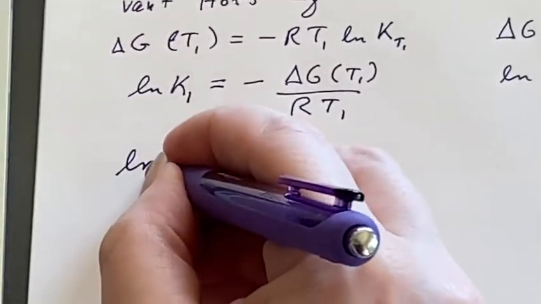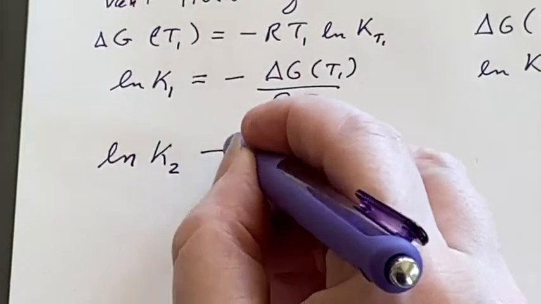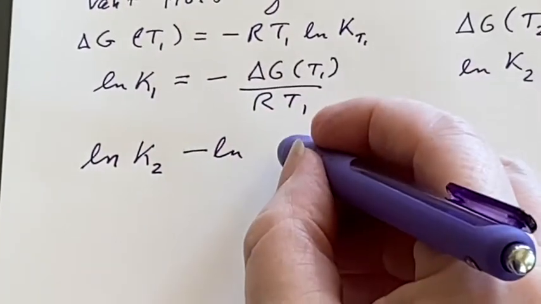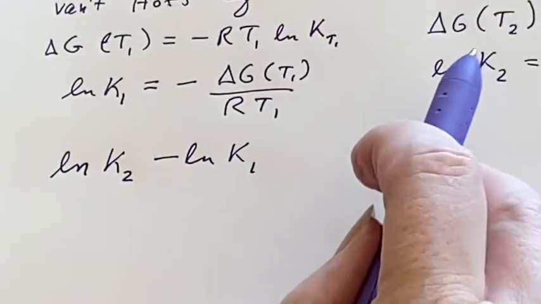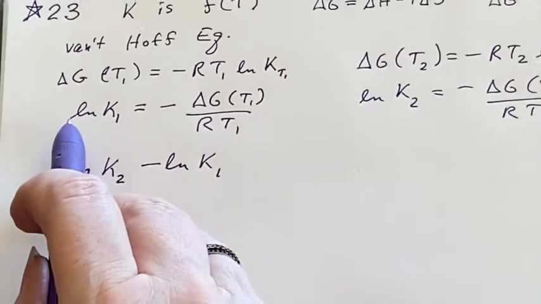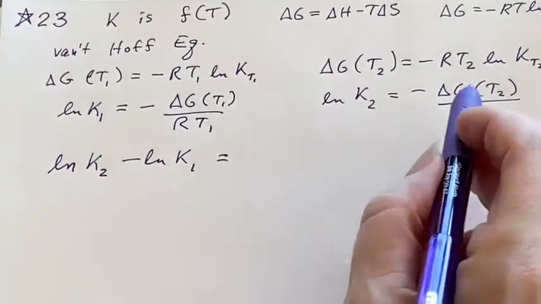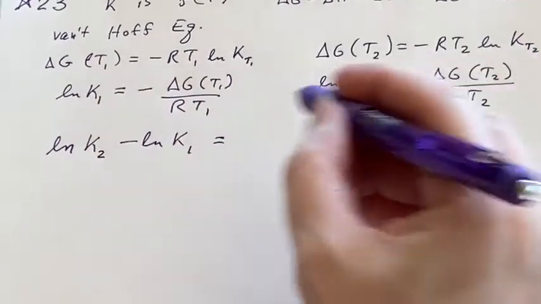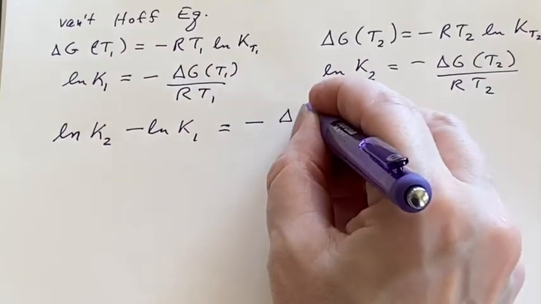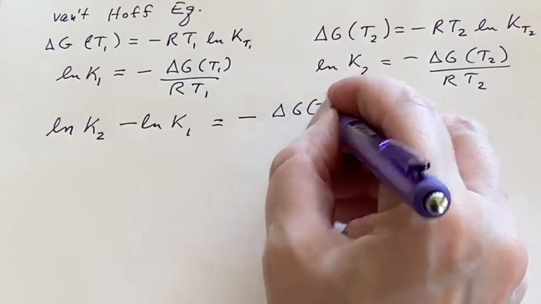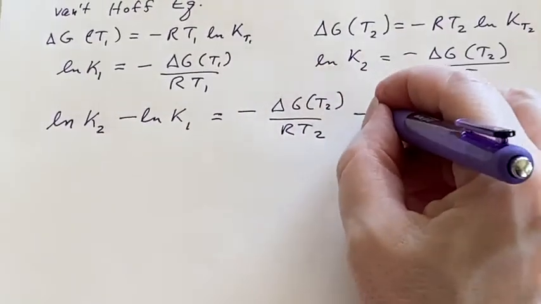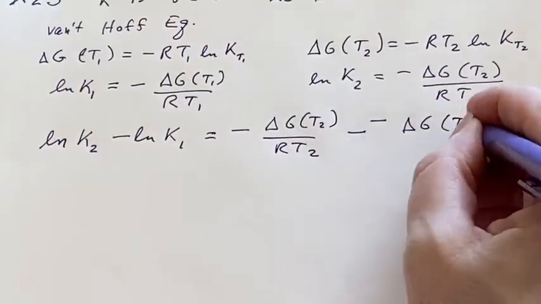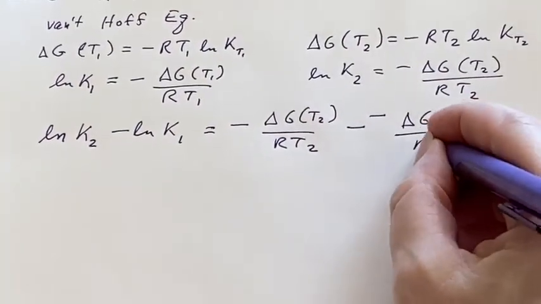Let me subtract the logarithm like this. That's the same as doing a division in normal space. So if I take this and subtract that, that's the same as taking this and subtracting that, right? So minus delta G of T2 over RT2 minus a negative delta G of T1 over RT1.